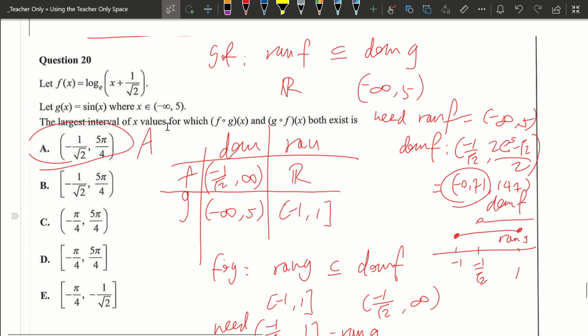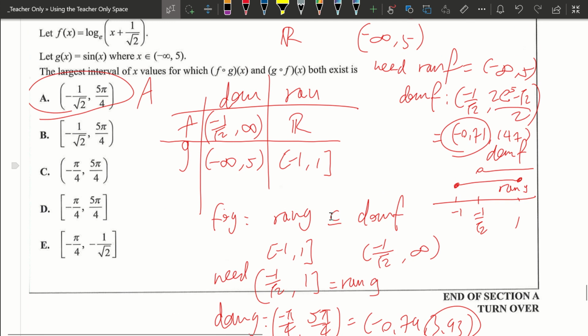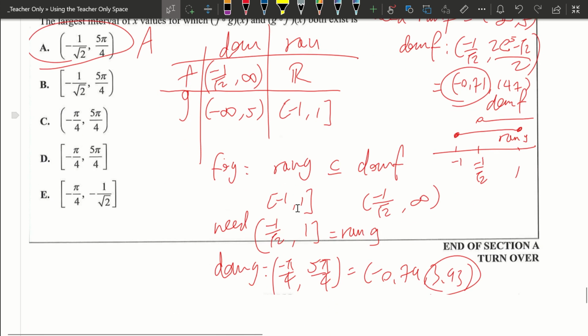And this brings me to the last point I want to add, which is a slightly tricky question. When you first dealt with FOG, you know what you need to make the range of G. You need to make the range of G negative 1 over root 2 to 1.